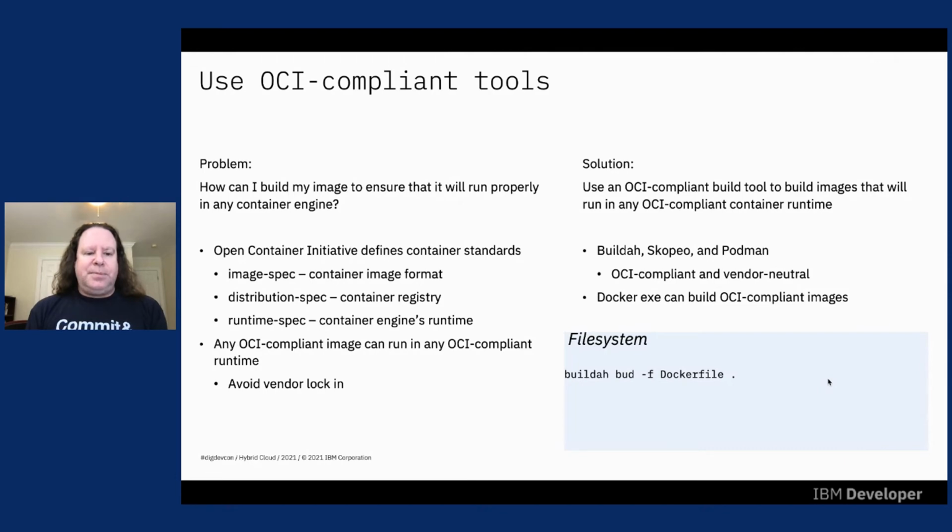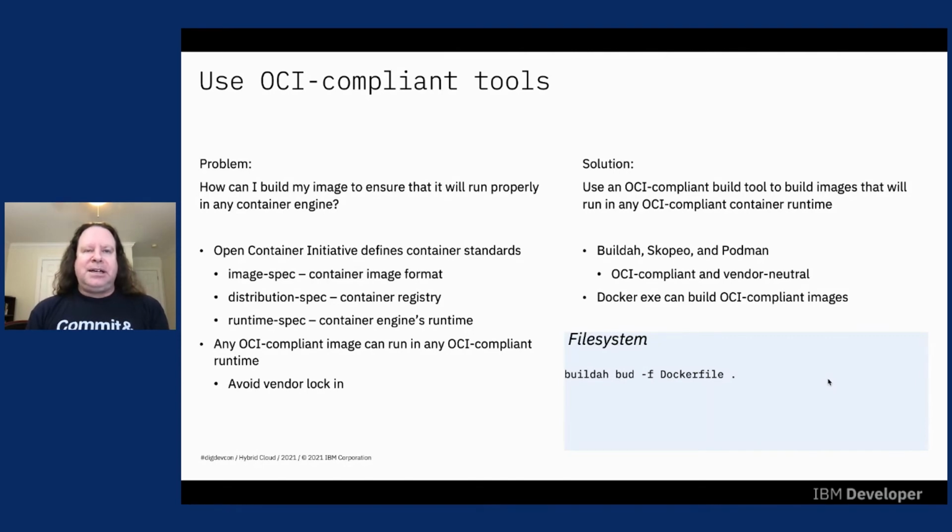OCI is the Open Container Initiative, which is a specification standards group that has written 3 specifications for how an image is supposed to work, how registries work, and how the runtime in a container engine works. The beauty of building images that are OCI compliant is that they will be able to run in any container engine whose runtime is OCI compliant.